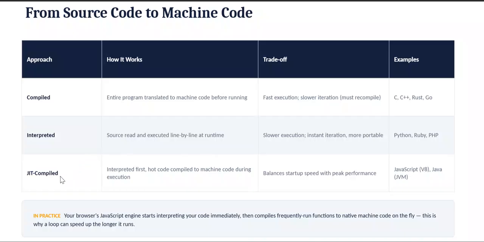Now, for the JIT compiled, how it works: it is interpreted first, and hot code is compiled to machine code during execution. Now, the trade-off is it balances startup speed with peak performance. So JavaScript does this with the V8 engine, and then the Java virtual machine.